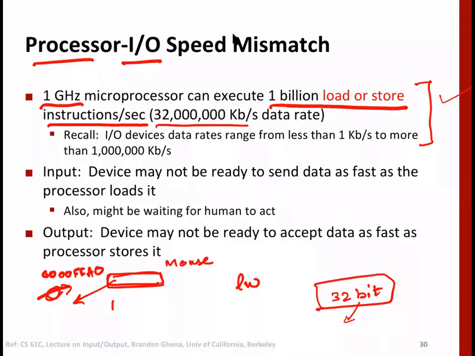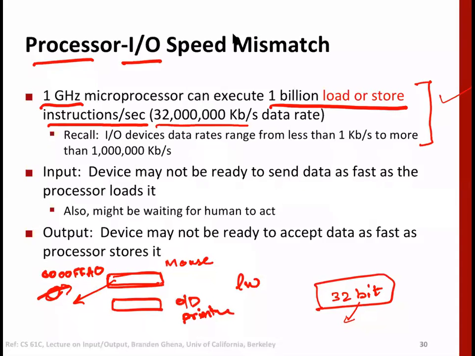Similarly, for any output device, say a printer, it can accept data at a certain rate, but the processor can send data at very high speed. So there is a speed mismatch. When we design the I/O system, it should take care of the different speeds of different I/O devices. It should not overwhelm them.